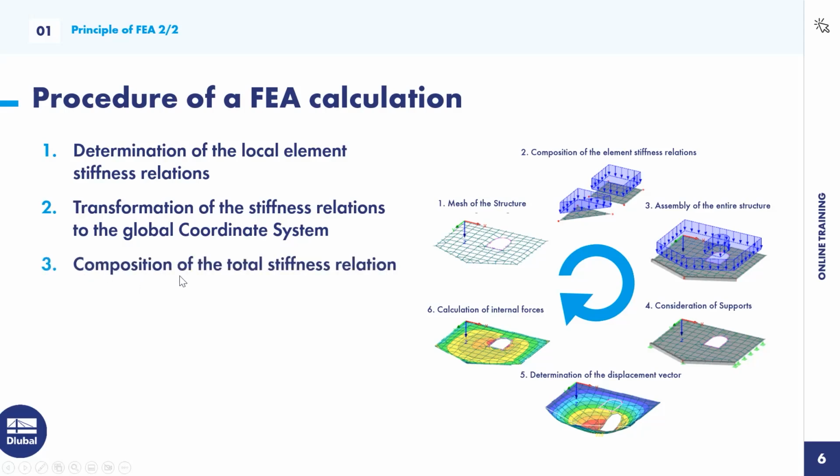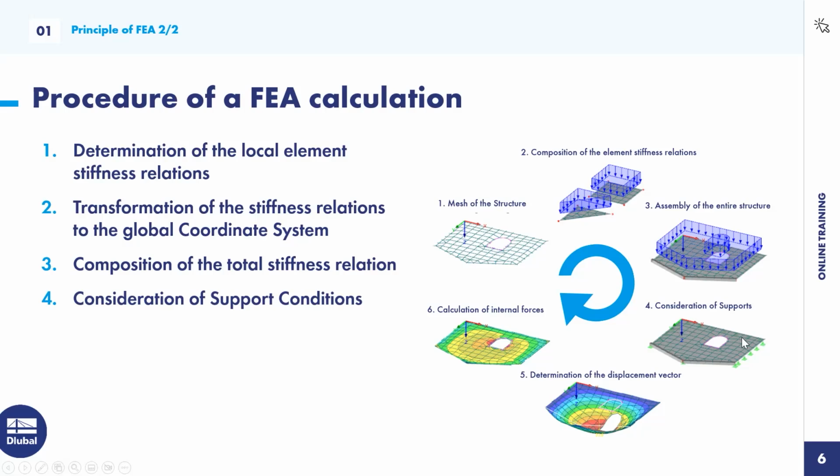So let's go. Now we have the total stiffness matrix K. In the next step, we will use our support conditions, which we can see there, and use them within the displacement vector.